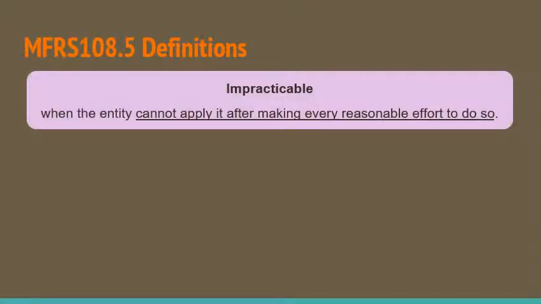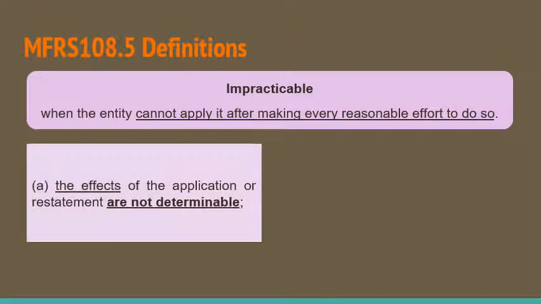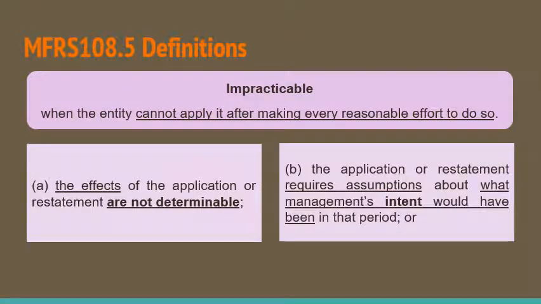By this, the standard means the effects of the applications or restatement are not determinable, meaning we cannot, after trying our best, determine the effects of the changes, or the application or restatement requires assumptions about what management intent would have been in that period.